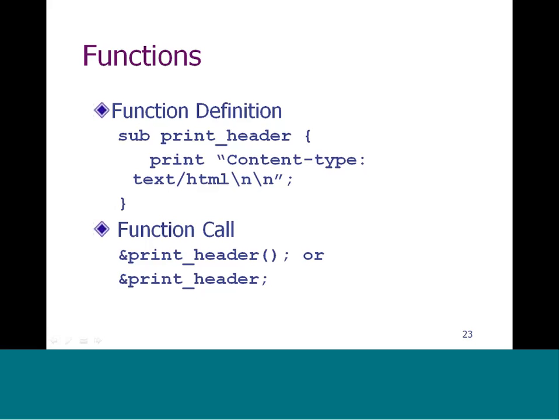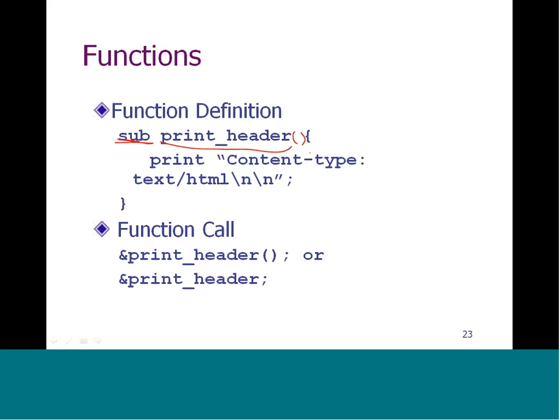In general, the function definition starts with the keyword sub. Here you can see the sub, and then the function name itself, which here is print header. We can have some arguments. Here there are no arguments. If there are arguments, we will give them within the parentheses.